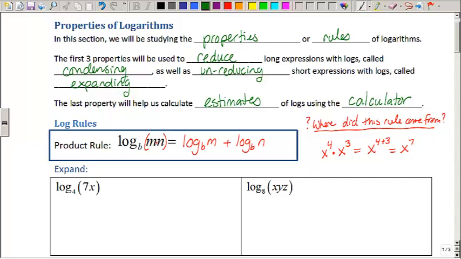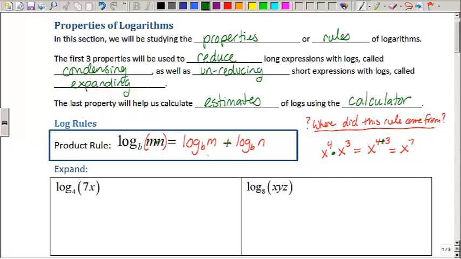Notice that I had a multiply in the exponent problem, which turned into a sum of the two exponents. Similarly, I have a multiply in my argument, and when I broke it up, because logs are inverses of exponentials, that turned into the sum of two logs.